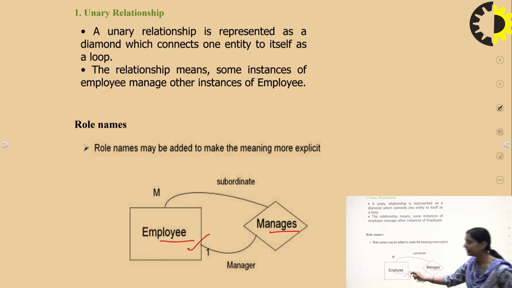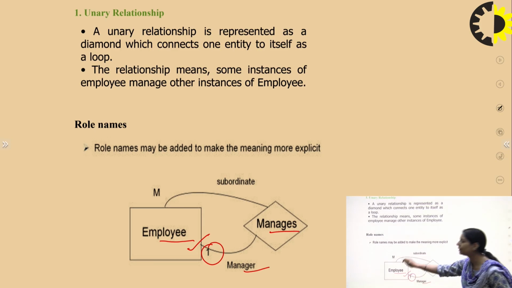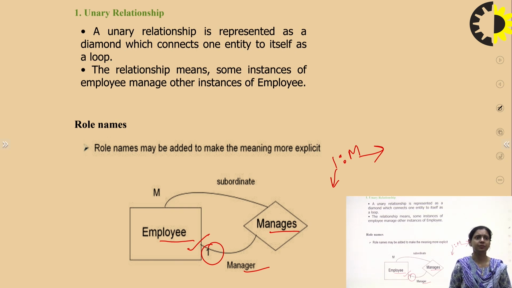So this is an entity where there will be one manager who will be managing multiple employees. So here the cardinality is 1:m, where we have one manager who is supervising multiple employees. So this type of relationship is a unary relationship.